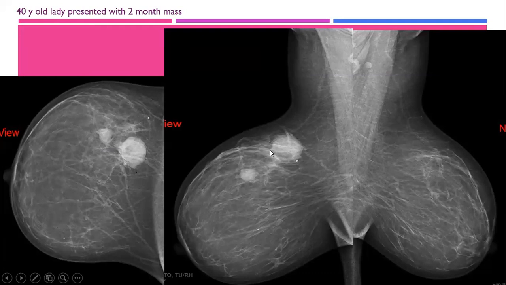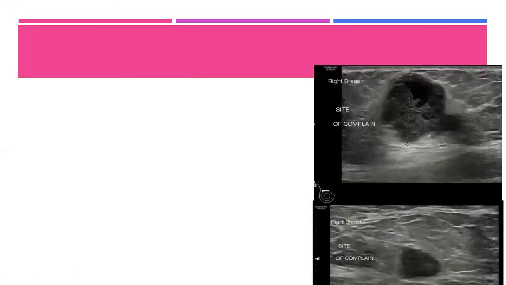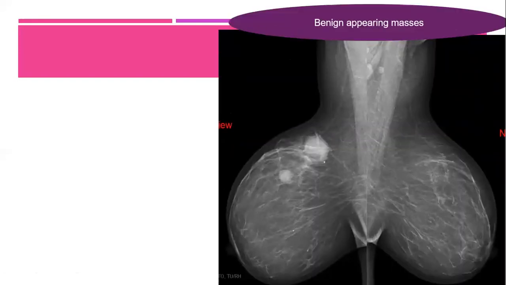Anteriorly you can see indistinctness and spiculations. And this is band-like, going toward the satellite lesions, an interrupted ductal extension. This is BI-RADS 5, and it was invasive ductal carcinoma.